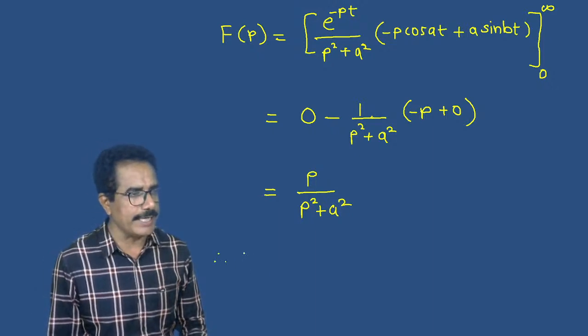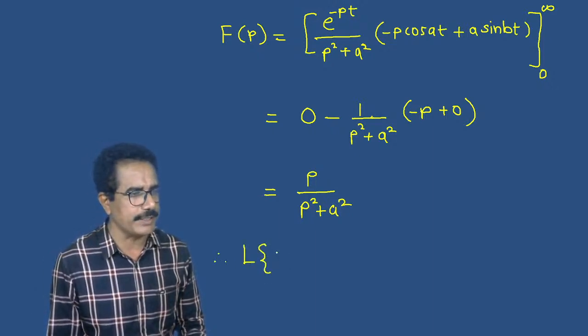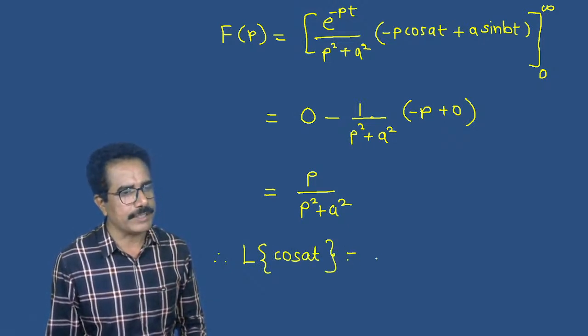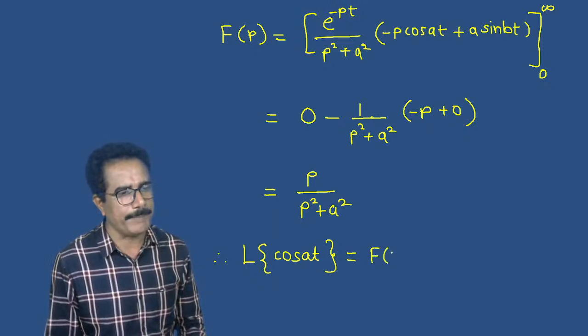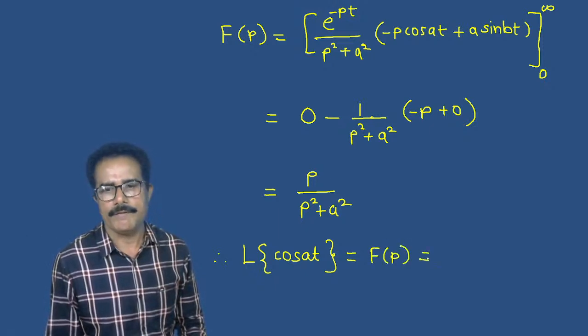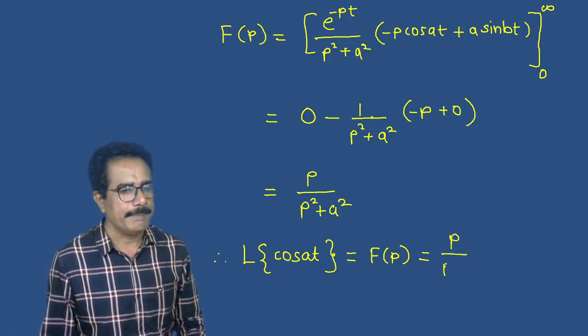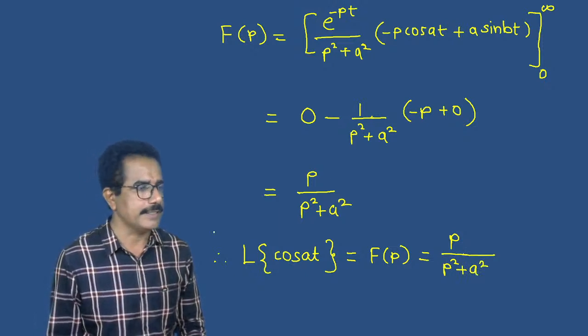So we can write the Laplace transformation of cos at, which is equal to F of p, which is equal to p divided by p square plus a square.